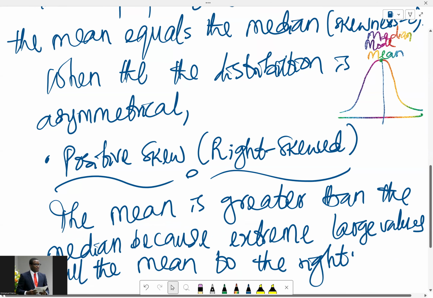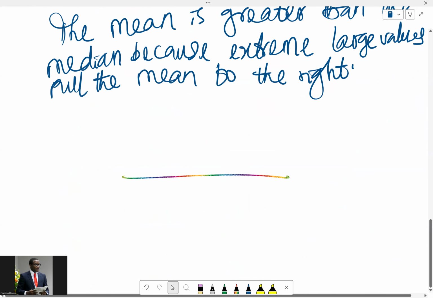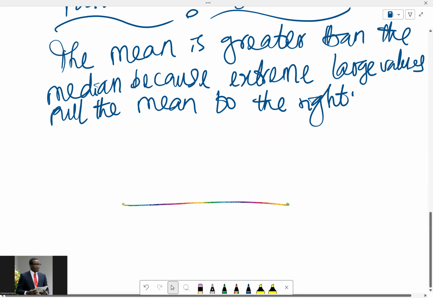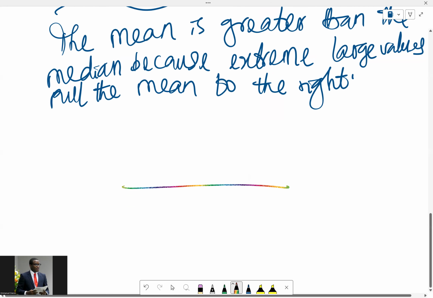But when you talk about positive skew, we've already said that the mean is greater than the median. See what happens in that case. You have it shooting up here, and then it spreads out somewhat this way.